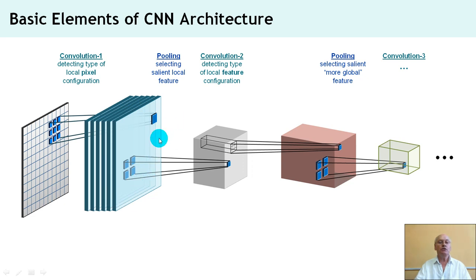And then when we apply subsampling, we somehow reduce the amount of data and in some way generalize it. For instance, this is typically done by considering 2x2 neighborhoods of these layers, and among those 4 we select the most salient. For instance, if we have a line, the elementary is the small one, then the greatest response will be for the filter which corresponds to the line, and then we take the maximum.